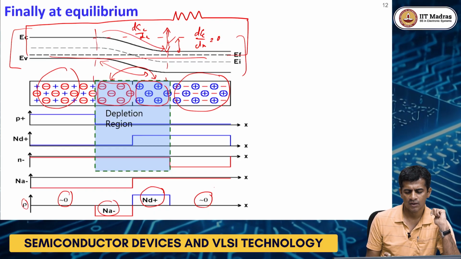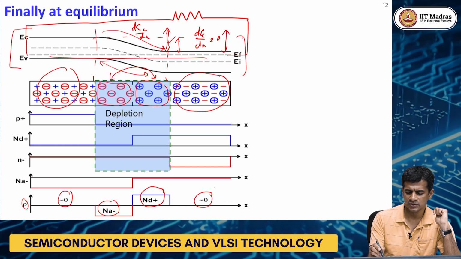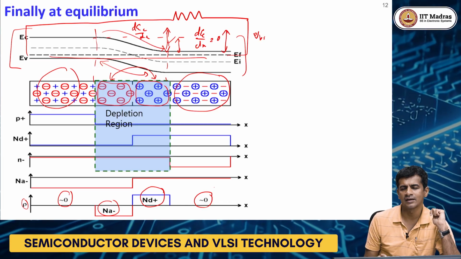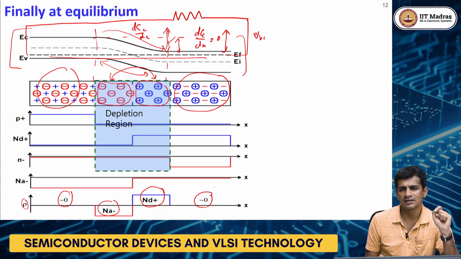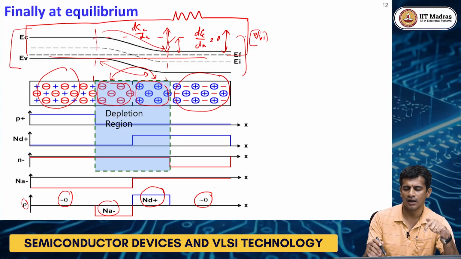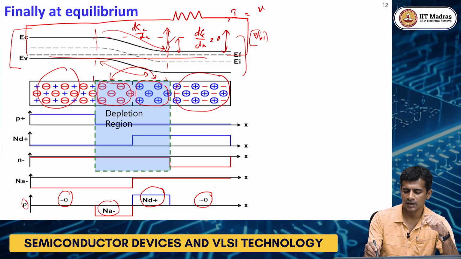If you look at these two points, you have this built-in potential VBI here, and if you connect a resistor like this, will that VBI allow a current through it, like VBI by R?